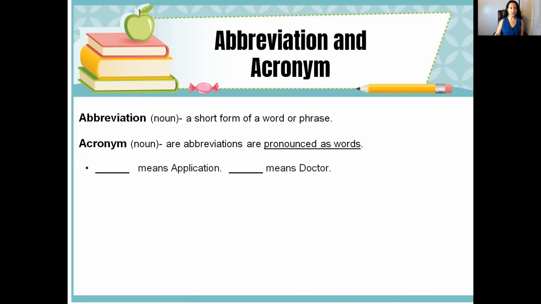So I'm going to give you a little bit more examples here. What does application mean? So blank means application. Blank means doctor. What does the United States of America? So here we are, abbreviation or acronym. We're going to go through each one of these, okay?